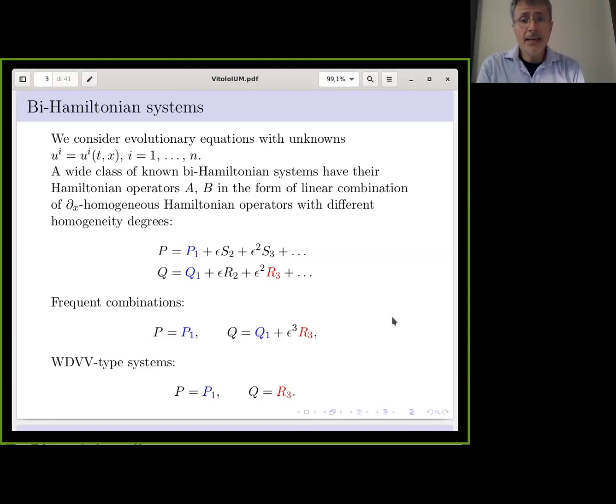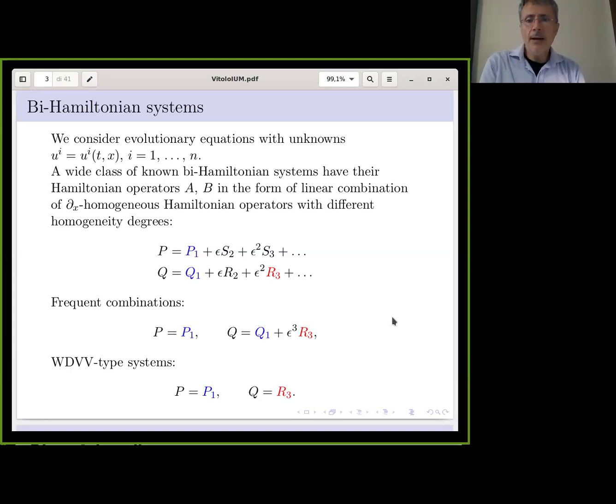This means that if you sum up all the derivatives appearing in the expression of the operator, you always have the same number. But the sum of operators of different homogeneity degree is what happens a lot of times in concrete examples.